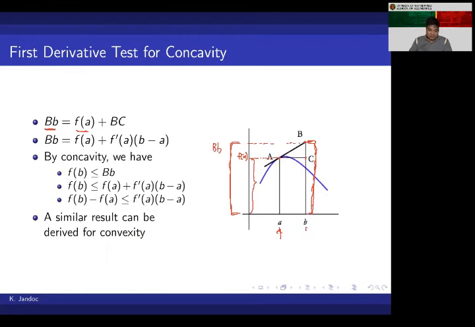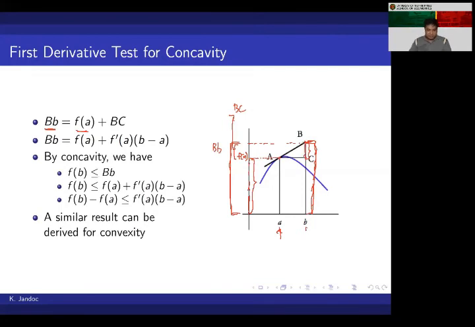Great, plus BC. BC is this height over here, from f of A to this point over here. So I'm just decomposing this height into BB to f of A, which is this height over here, plus BC.